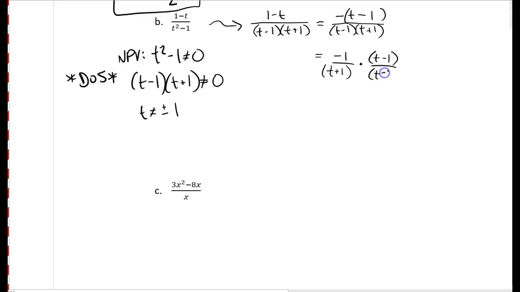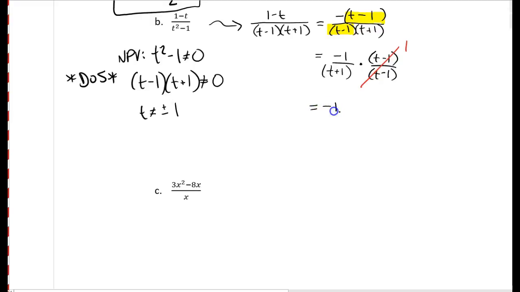Now, you do not need to write this out. This is just me explaining how this works. So I'm going to take these two pieces, write them as a separate fraction and multiply by whatever is left over. But because it's divided by itself, that is equal to 1. When you multiply by 1, it's itself.